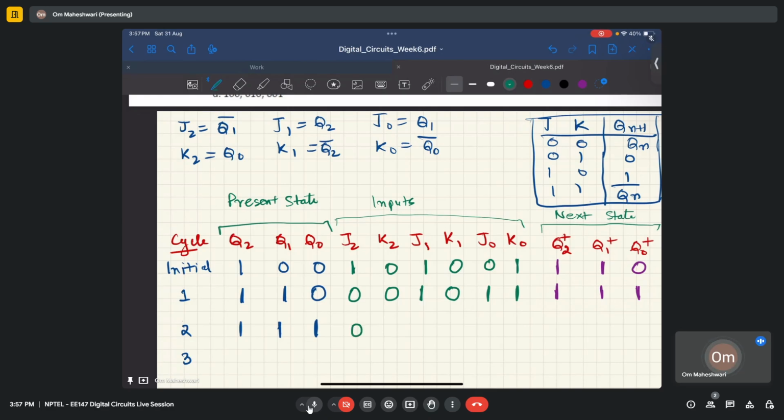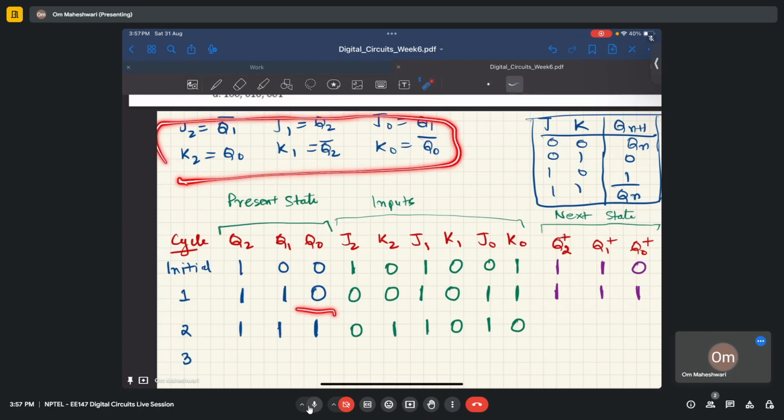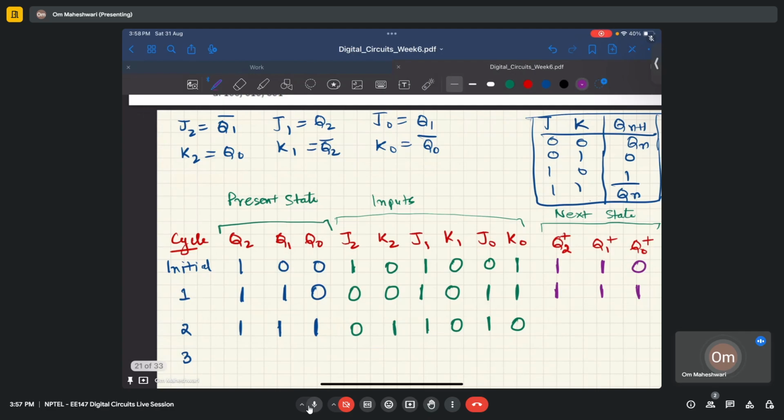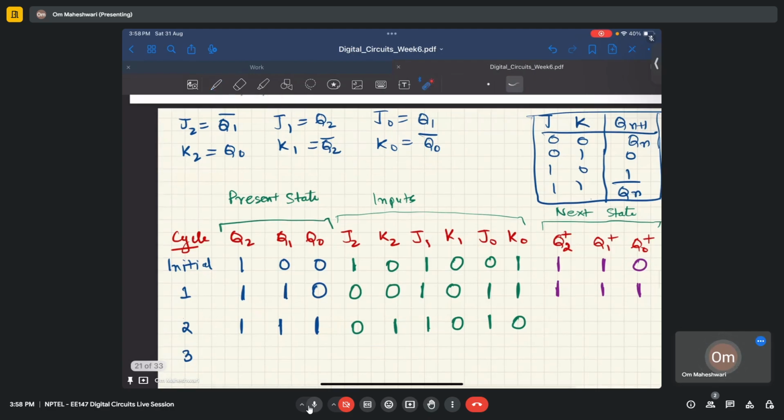This will be 0, this will be 1, this will be 1, this will be 0, it will be 1, this will be 0. So with the help of these equations, we have written these. Now the next thing is again writing the next outputs. In 0, 1, this will be 0.